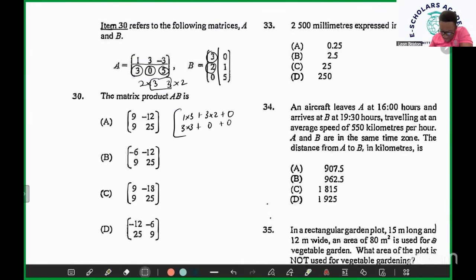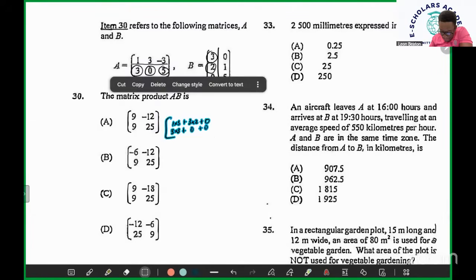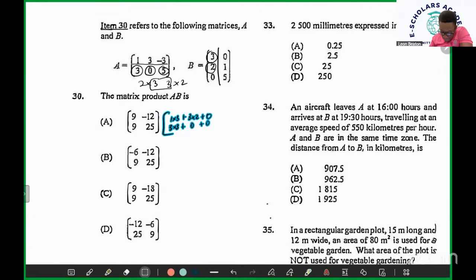All right, so let me make this a bit smaller. Let's move over to the other piece now. So we'll have this times this. This will be 1 times 0, that is 0, then 3 times 1 plus 3 times 1 plus negative 3 times 5.